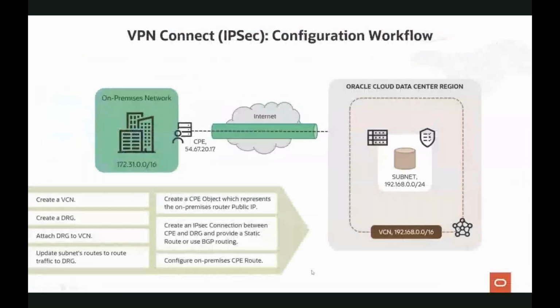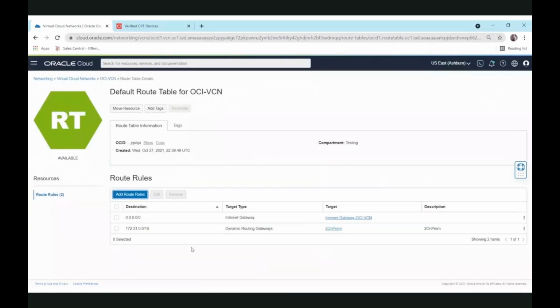You just want to make sure that's what it is. So the route is there. We have the CPE device. Now let's go ahead and create the IPsec tunnel.